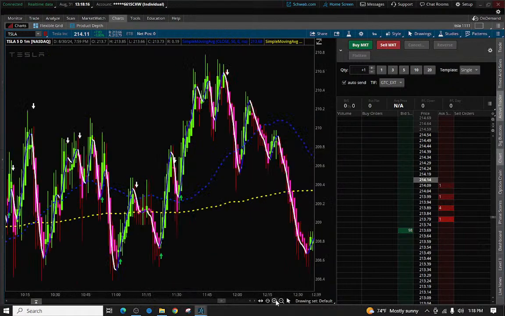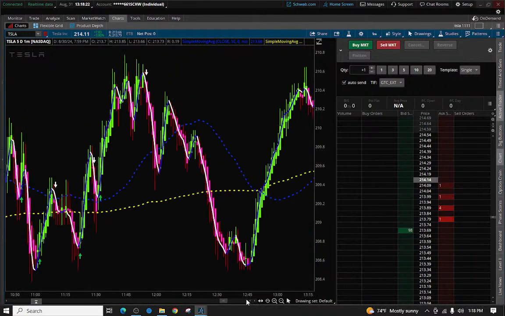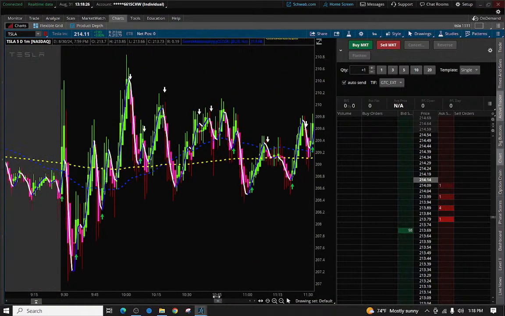I'm going to make this smaller, and try to show you how tight this ran.